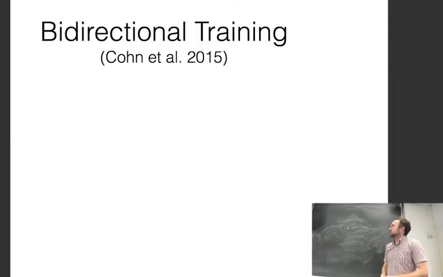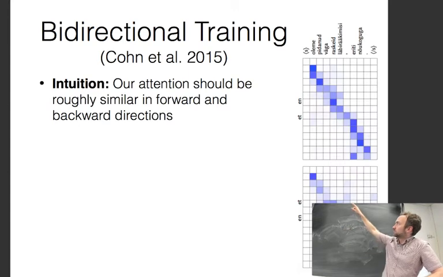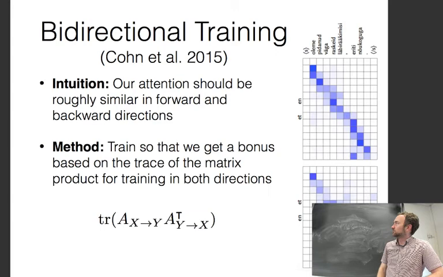Another kind of interesting thing is bidirectional training. So you train 2 models: one model from, I guess this is Estonian to English, and one model from English to Estonian. And then you make it pay a penalty every time it doesn't match. This penalty is over the trace of the matrix multiply here.